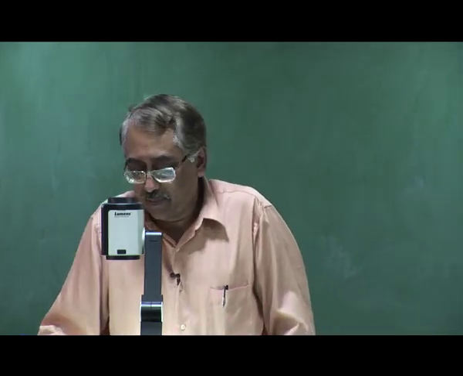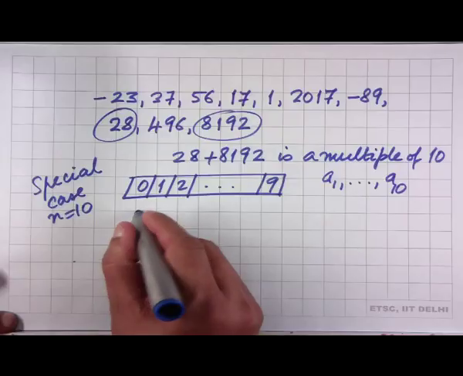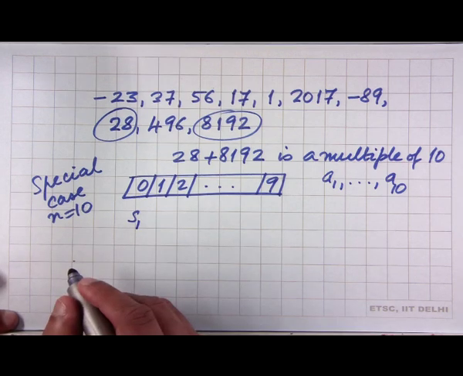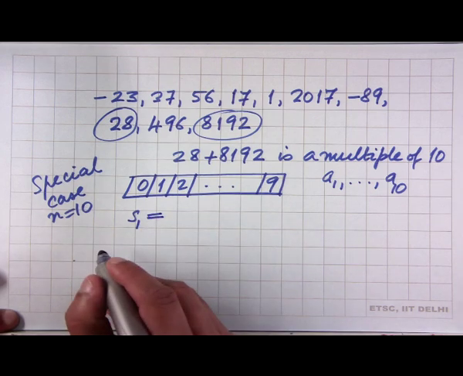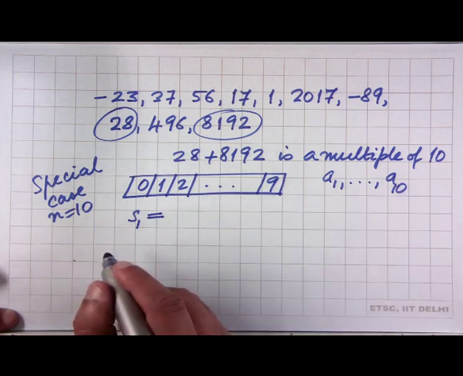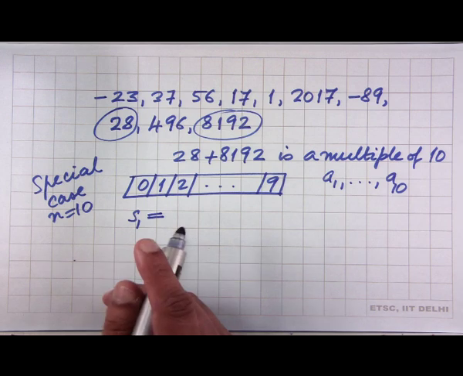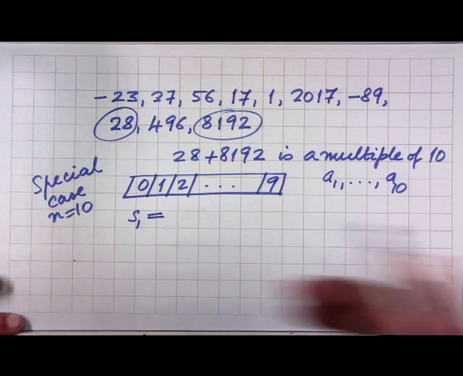Now comes the real clever part. And this is what makes this problem significantly harder than a standard pigeonhole principle problem. I'm going to construct a bunch of sums that are related to this sequence of numbers. So what I will do now is write the 10 numbers in a certain random sequence. A1 is first and A2 is second.